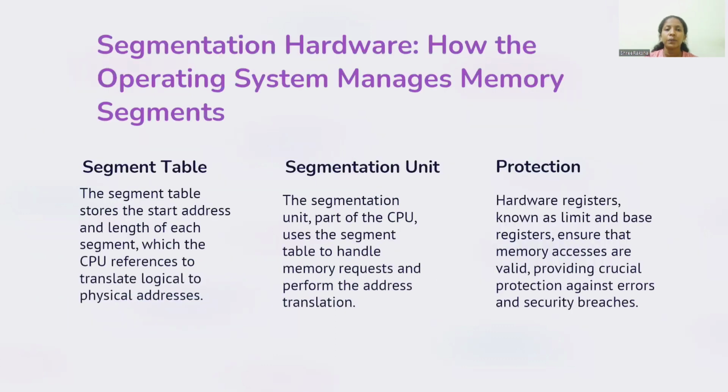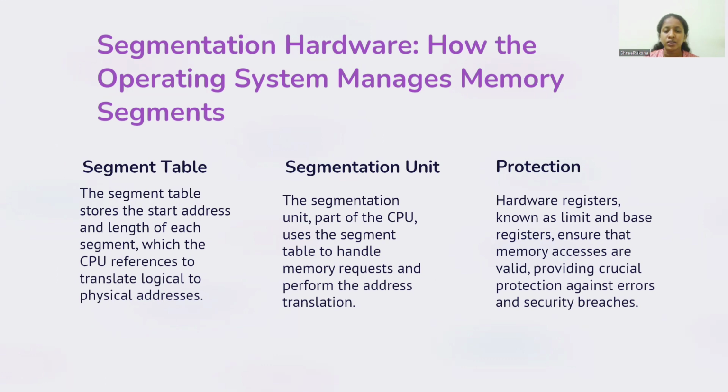Segmentation hardware: how the operating system manages memory segmentation. It involves segment tables, segmentation units, and protection. The segment table stores the start address and the length of each segment, which the CPU references to translate the logical into physical address.